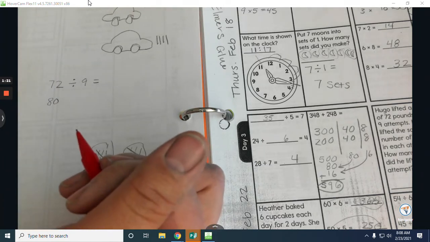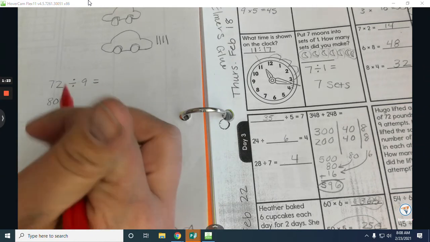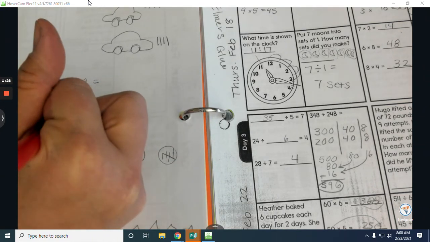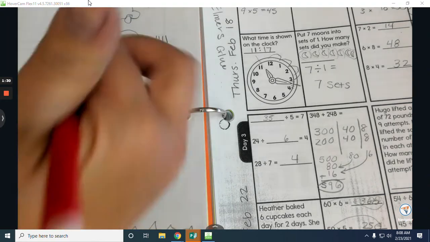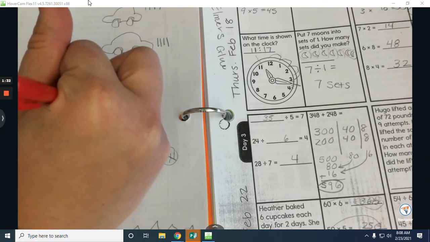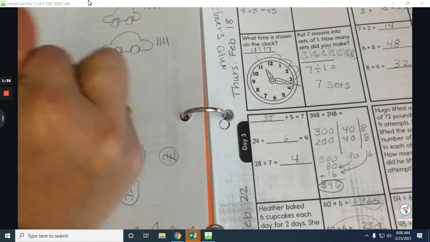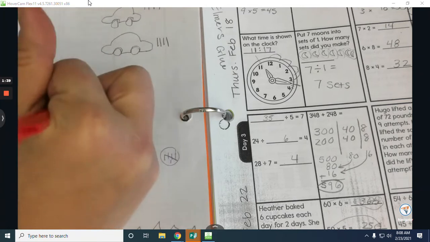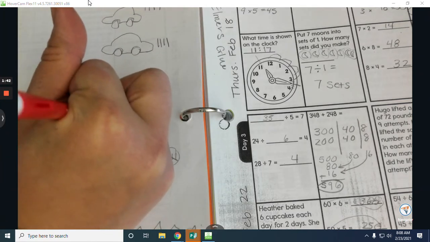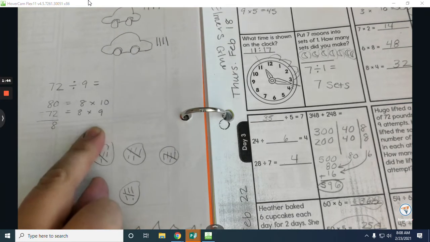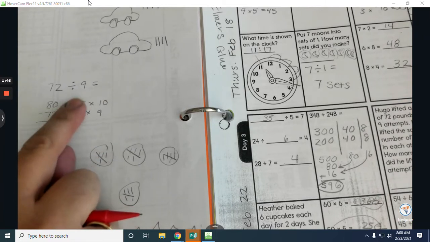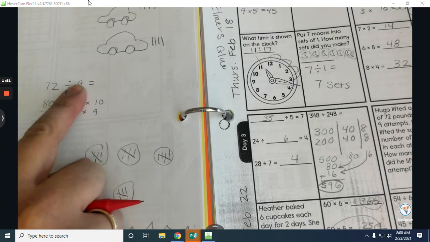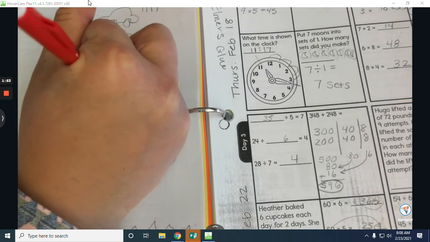The closest 10 would be 80, and then the difference between 80 and 72 is 8, okay? So 8 times 10, so this must be 8 times 9. So we're kind of using our strategies of knowing that our 9s are simply a 10 minus 1. So 72 divided by 9 is 8.